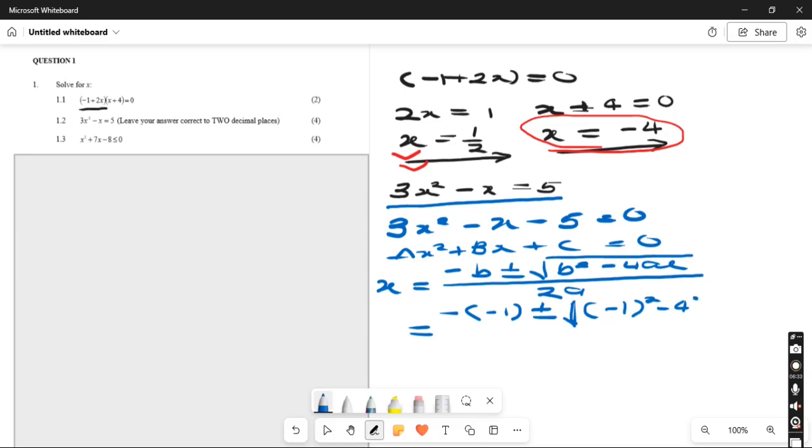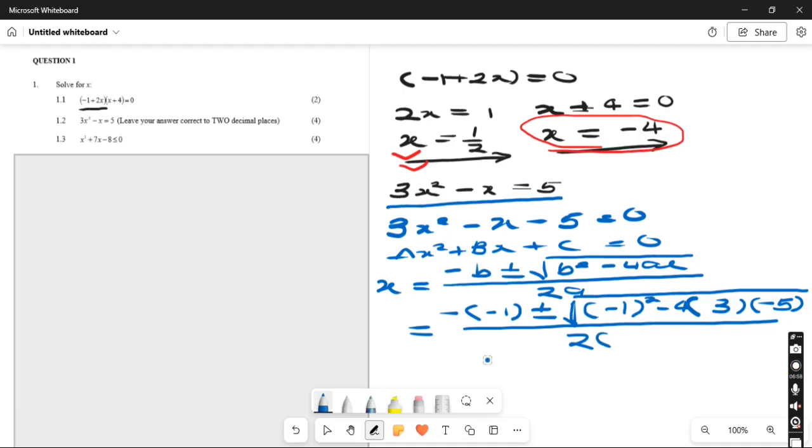Minus 4 multiplied by a, which is 3, multiplied by minus 5, close bracket. Therefore, all divided by 2a, which is 3.